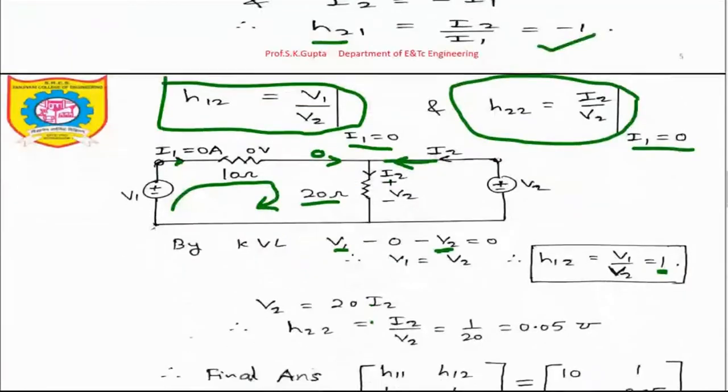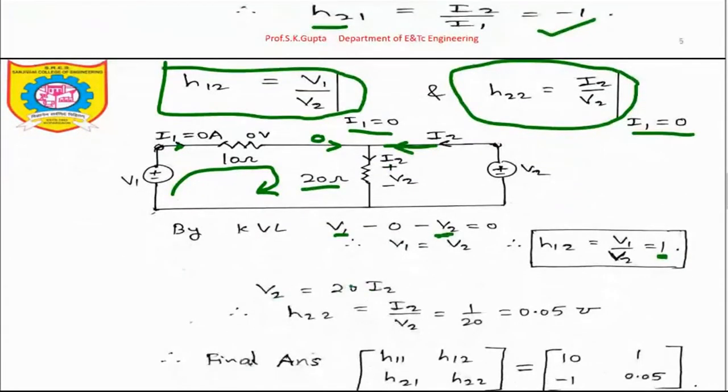Now I want to find H22. It is I2 upon V2. I know the voltage here is V2 and the current is I2. By a simple Ohm's law equation, V equal to IR, V2 equal to 20 times I2.